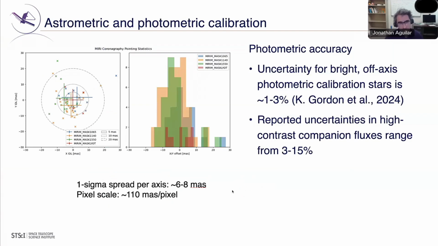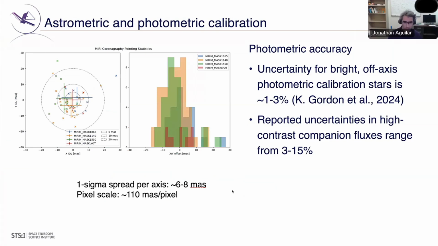It's actually pretty good. So this is a summary on the left side of our pointing precision. And I have 3 circles at 5, 10, and 20 milliarcseconds. And very few, sometimes you get unlucky, but by far most of our TA happens within the 10 milliarcsecond circle.